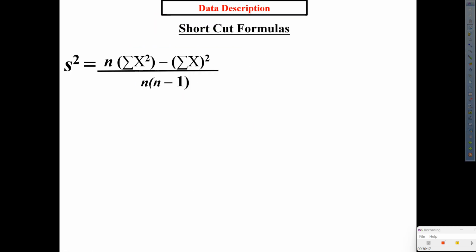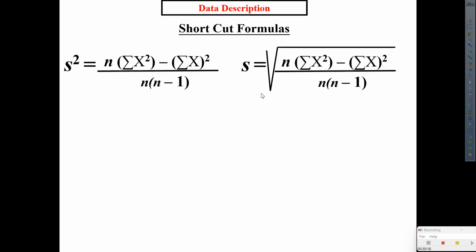These two, add them to your formula menu. Those are the shortcut formulas.